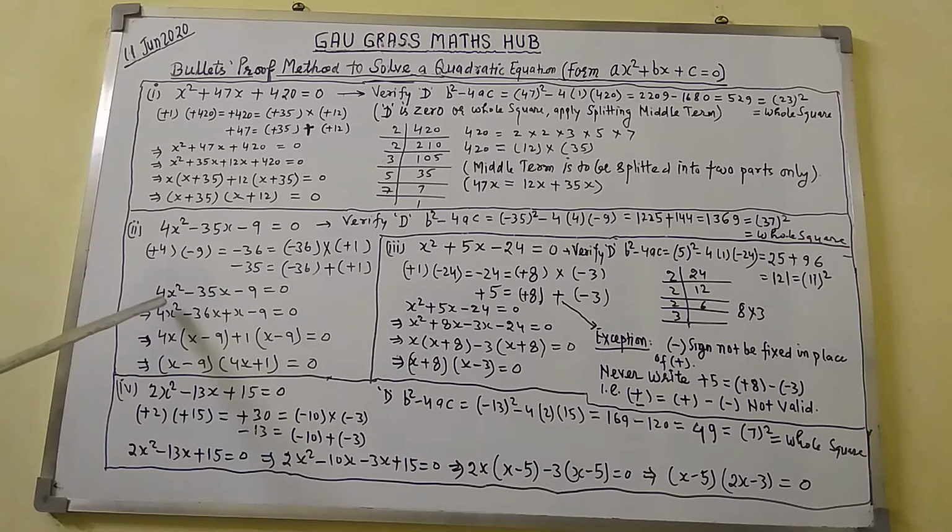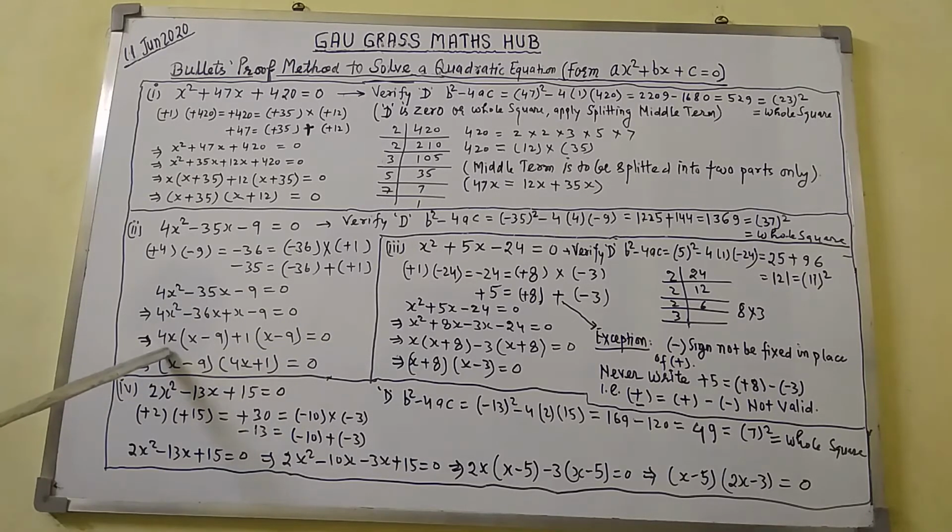Now I have written here the original quadratic equation 4x square minus 35x minus 9 equal to 0. The middle term minus 35x will get split into two parts, minus 36x plus x. So 4x square minus 36x plus x minus 9 equal to 0.